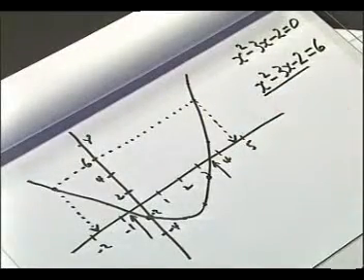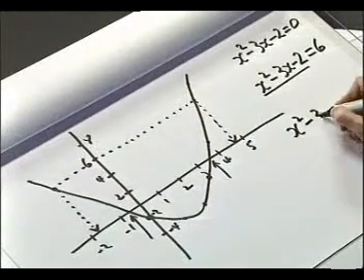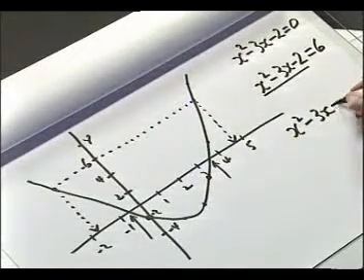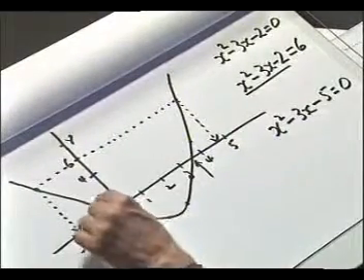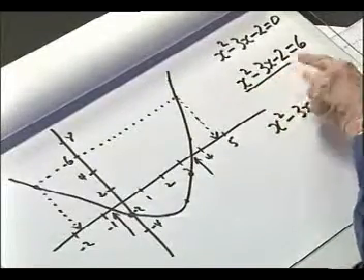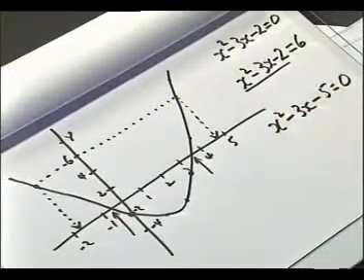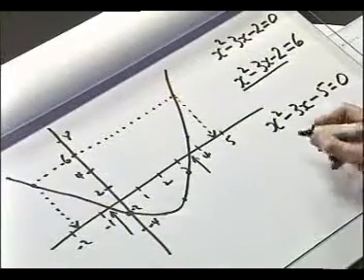What about if I have x squared minus 3x minus 5 equals 0? Can I use this graph again? Well, it's got the front bit the same. It's this bit that seems to be different. So if it's different, let's make it the same.